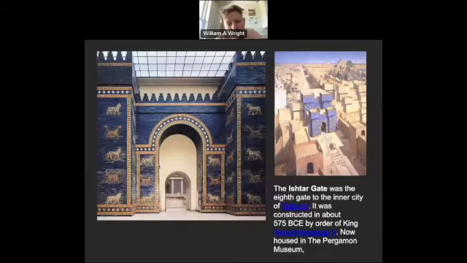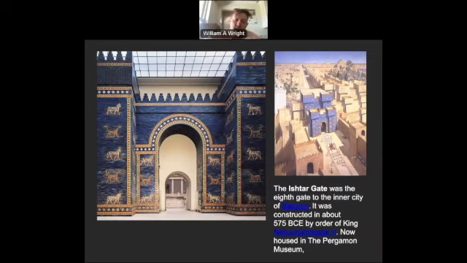The Ishtar Gate survives from the time of the Assyrians in the city of Babylon. It was the eighth gate to the inner city of Babylon, but it was constructed at about 575 BCE by order of King Nebuchadnezzar. I think this would have been Assyrians or maybe Neo-Babylonians, but in any case, it was actually moved to the Pergamon Museum.